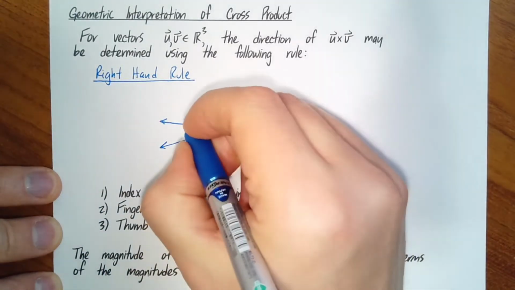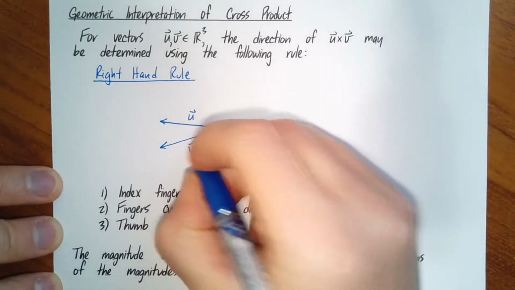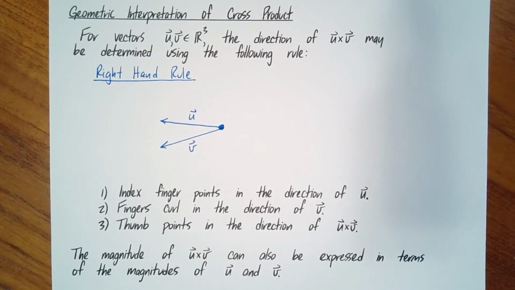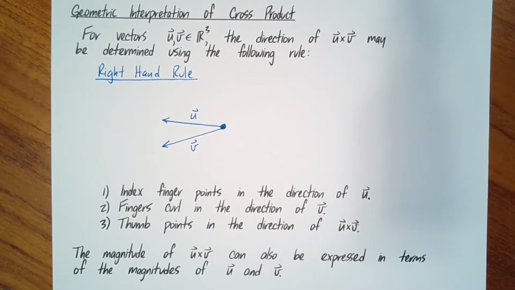You might have to turn your head sideways or even upside down to make it happen. But you can always orient yourself and change your perspective so that when you look at the vectors u and v drawn with the initial points coinciding, they look like this. But that's the first step to determining the direction of u cross v.